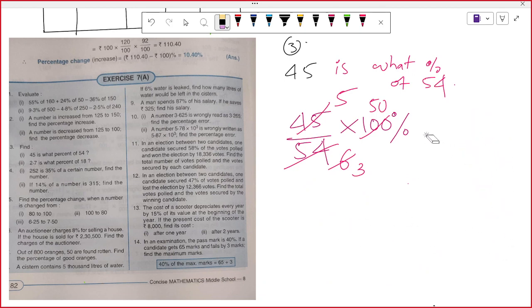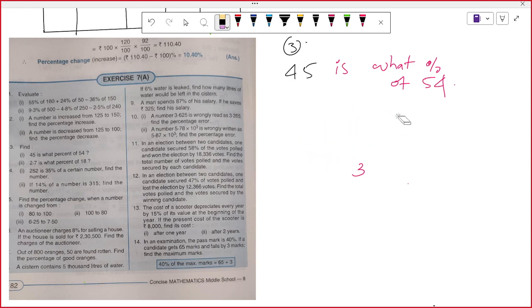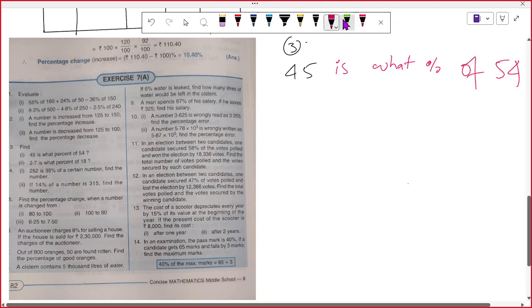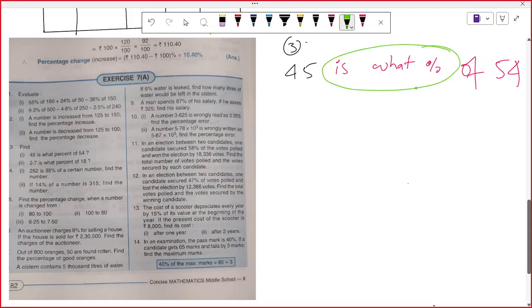Okay, with this method, try the second question, 2.7, for homework. Look here, I'll explain this for the last time. 45 is what percent of 54? Is what percent? What do you have to find here? Percentage, right? So first find the fraction, 45 of 54. It is nothing but 45 out of 54.